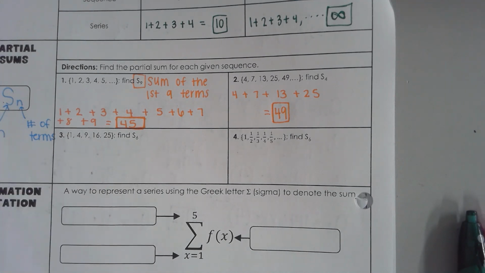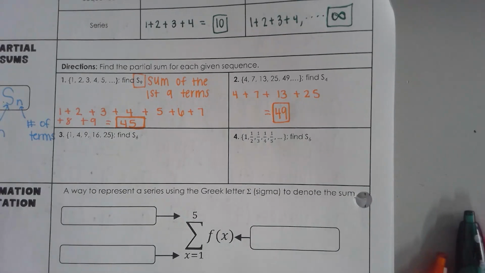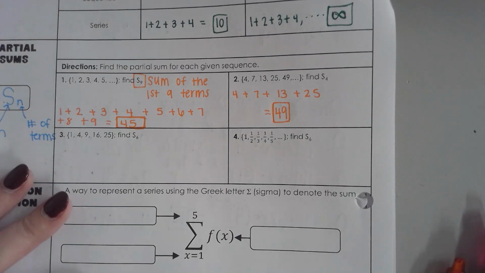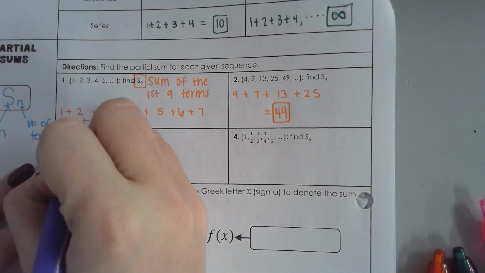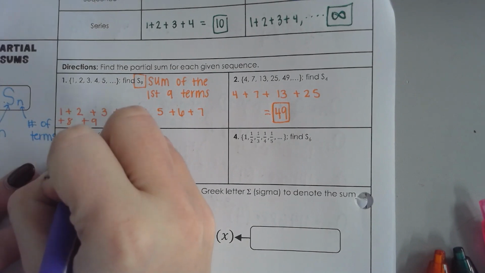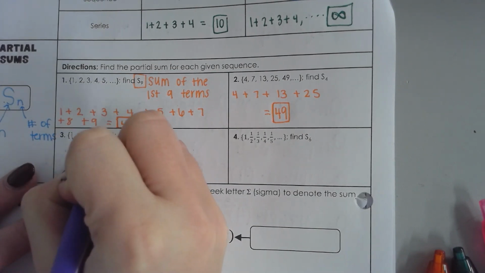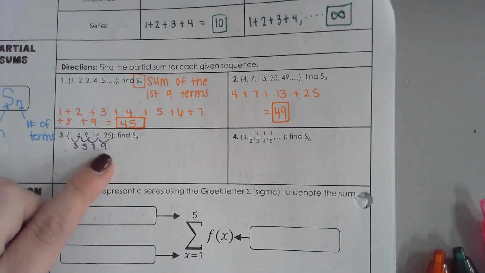Anybody see a pattern? It is not 34. This right here, this is plus 3, plus 5, plus 7, plus 9.